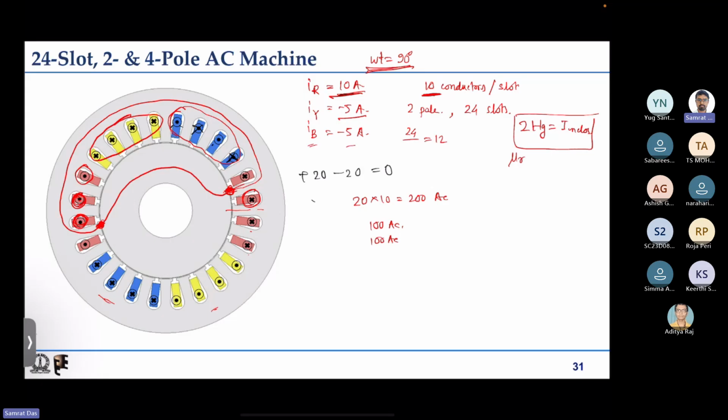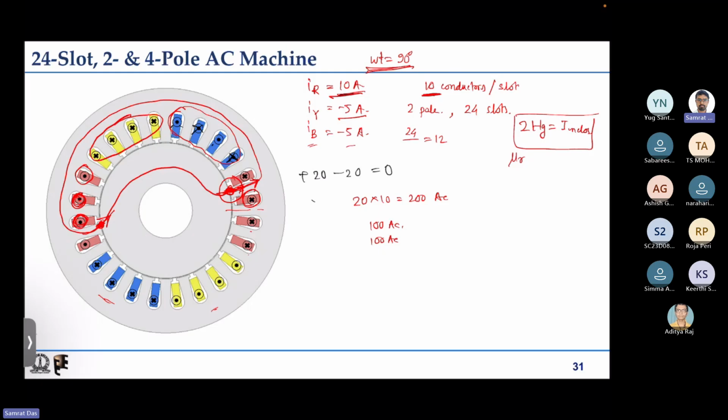Now we have to be careful about the sign. If in one case it is positive, in another case it will have to be negative because of the direction. So if we consider H to be positive if it is outward, then you can see in this portion loop direction is radially outward, and in this region loop direction is radially inward.